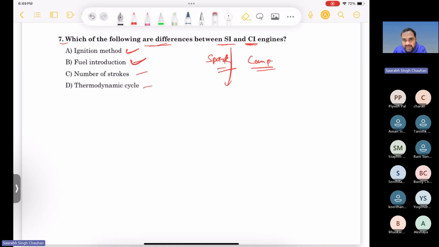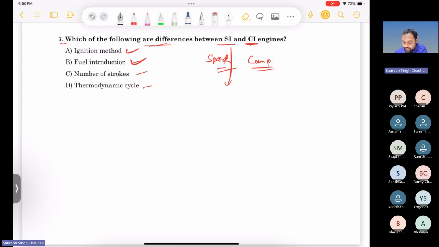But here we will consider only 4-stroke engines. So the number of strokes in SI engine as well as in CI engine is 4, so it is the same. Thermodynamic cycle, different.